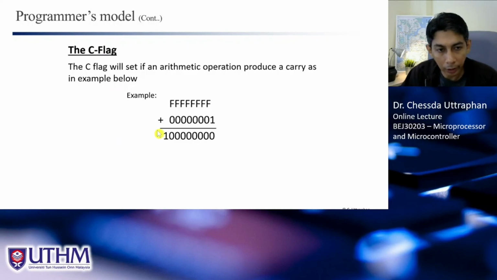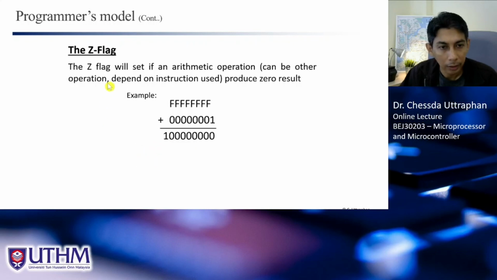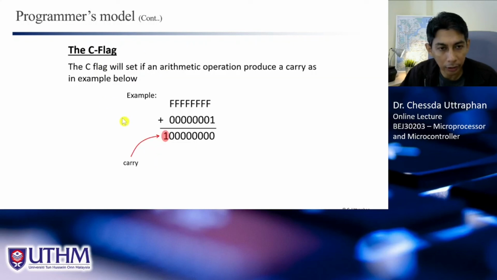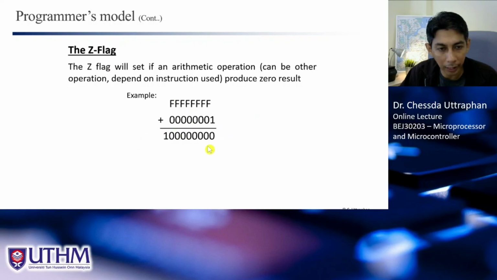C is easy. For example, we want to add this, minus 1 plus 1, here we have 0, and we have this carry. This means carry C equal to 1. The Z flag is very easy also. Use the same value here. Example: minus 1 with plus 1, we have 0.